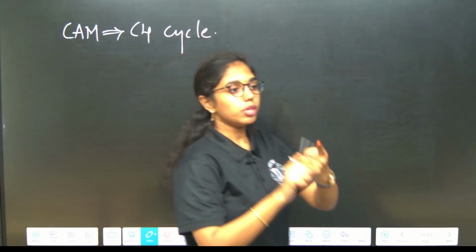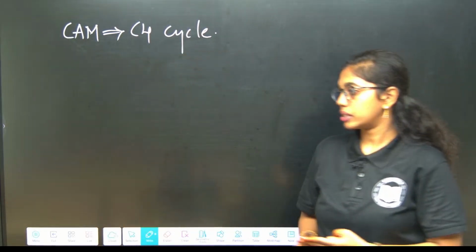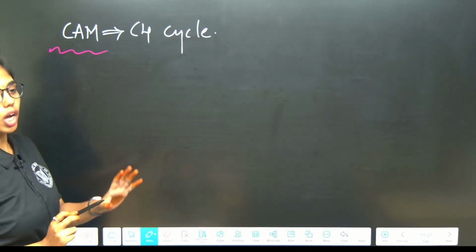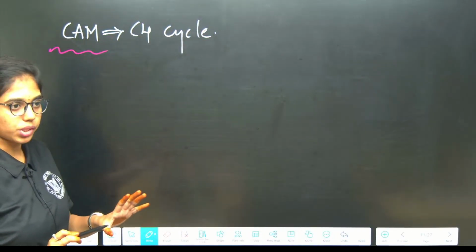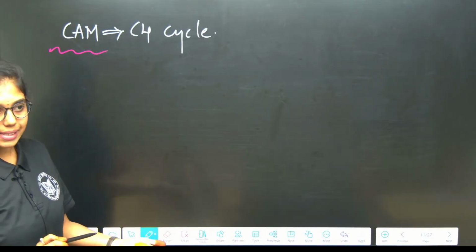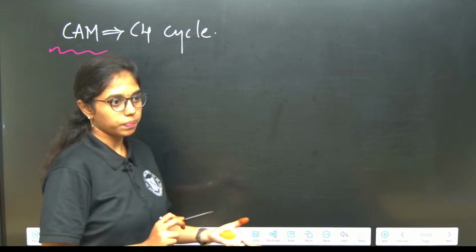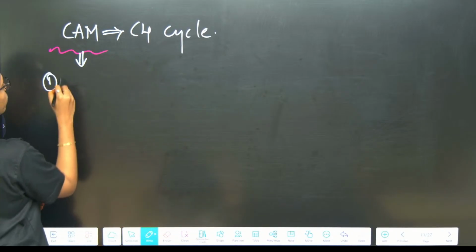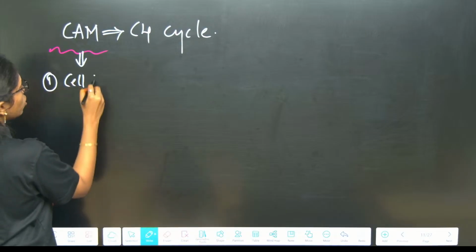What are they? Mesophyll cells and bundle sheath cells. But in CAM plants, that is crassulacean acid metabolism, which occurs in succulent plants or desert plants, like agave, cactus, opuntia, aloe vera. These are the examples, or some epiphytes as well. So this CAM cycle will occur only in one cell, that is mesophyll cell.